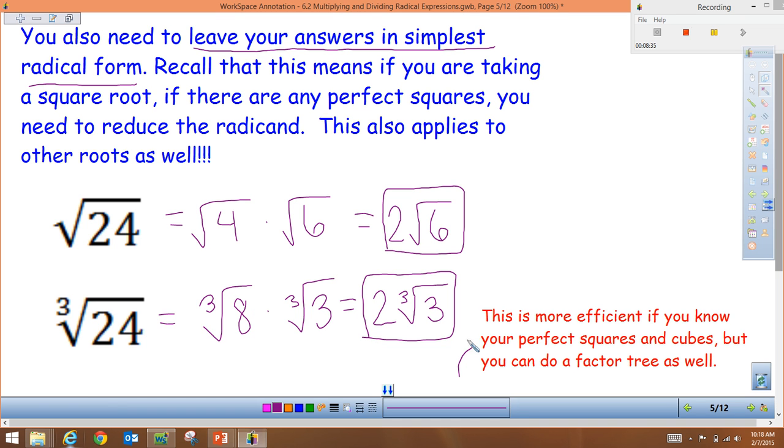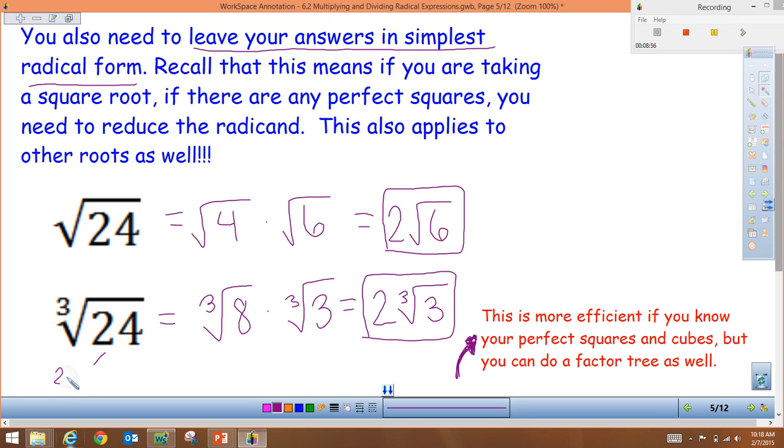Notice this prompt here. It's going to be more efficient if you know your perfect squares and cubes. You can also use a factor tree. It's going to be easier for you if you start memorizing those things, but if you don't, we could have looked at the factors of 24.